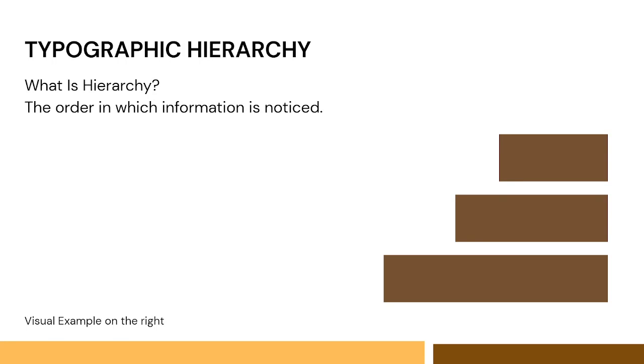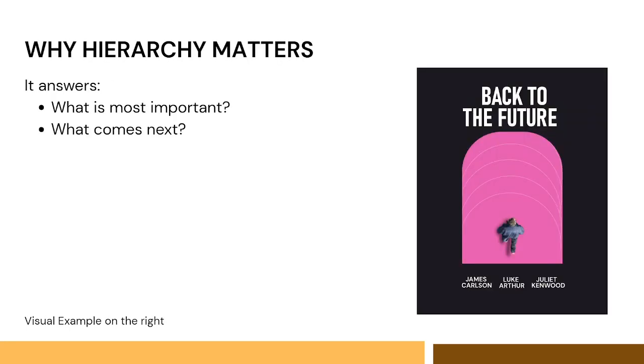Frankly, looking at this, the first block I'm noticing is the first one, because it's the one at the top, then the one beneath it, and then the one at the lowest. So typographic hierarchy is basically the order in which information is placed or noticed in a piece of design. So why does hierarchy matter in design?